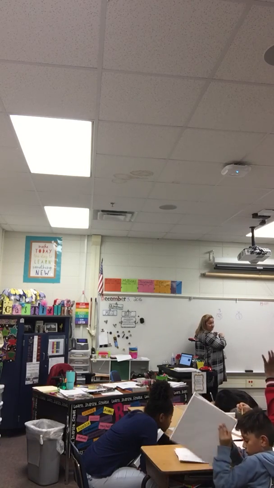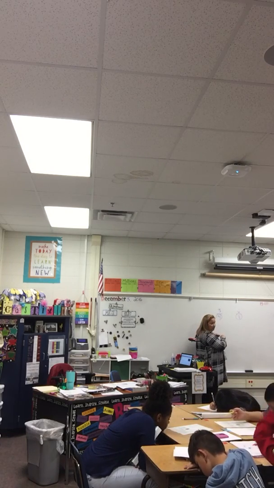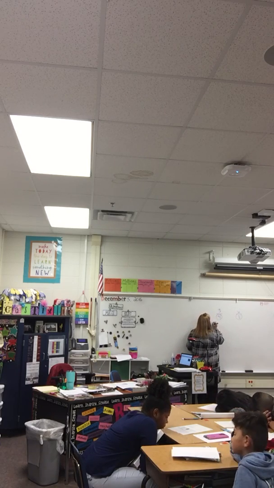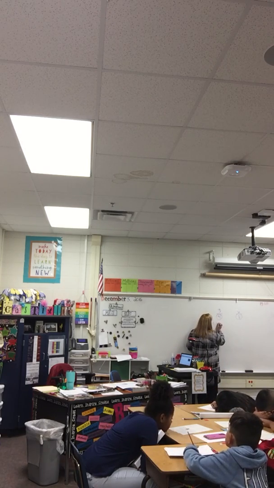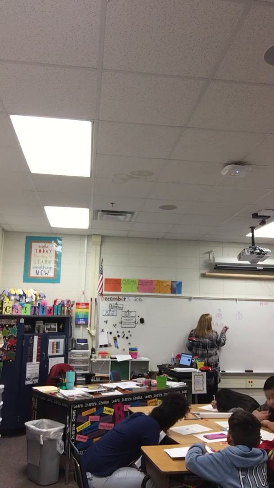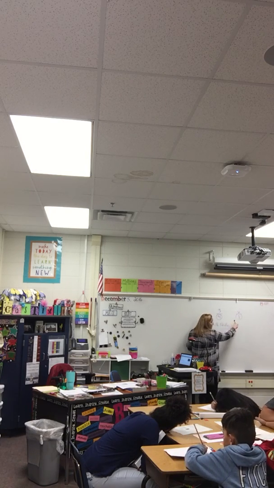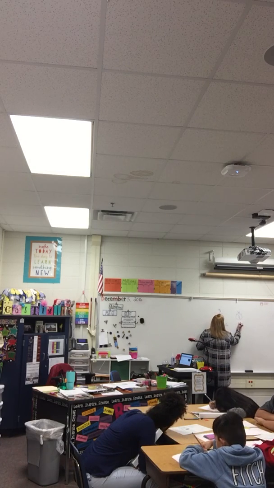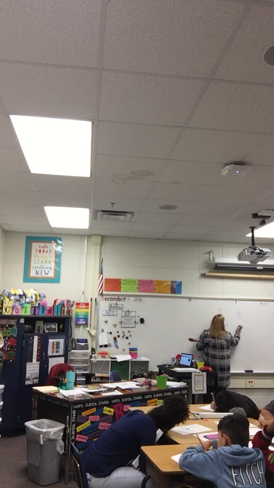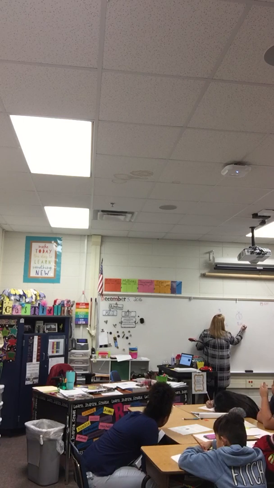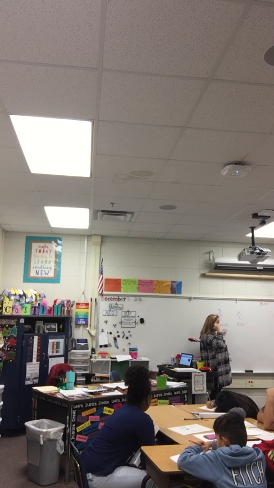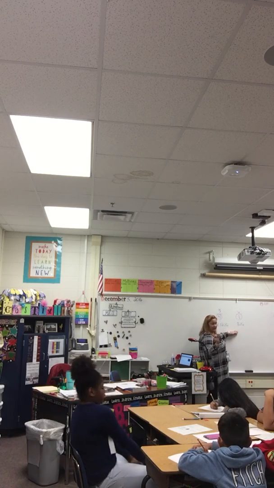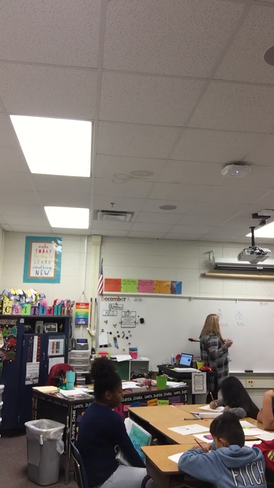Read me your multiples of 4, Jocelyn. 4, 8, 12, 16. Okay, I'm going to stop you there. Read me your multiples for 8, Arion. 8, 16. Stop there. The only reason I'm stopping there is I already see something that they share. We don't need to keep going if we already see something they share.